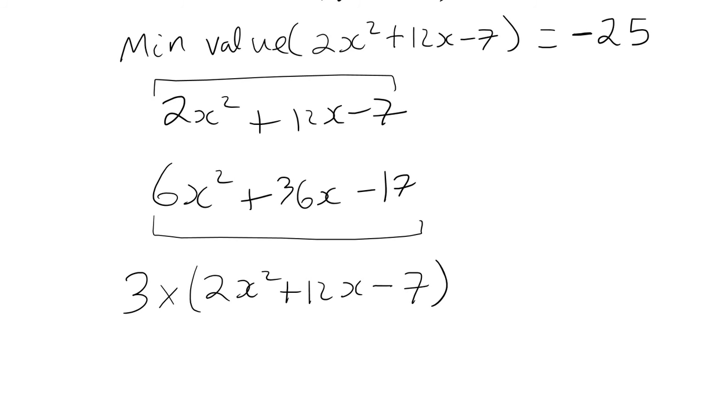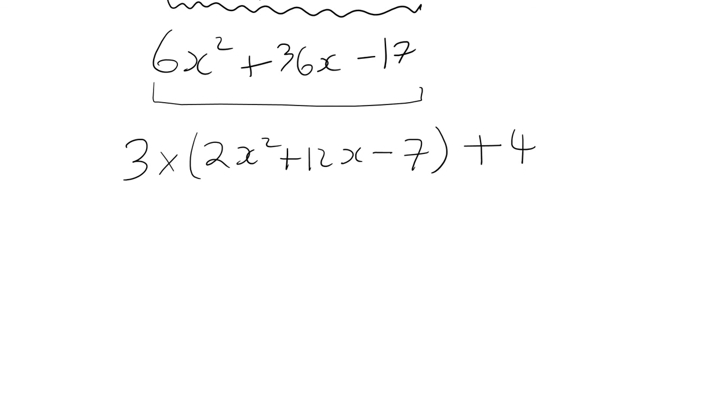But you would have a minus 21 on the end, and we want a minus 17. So we actually need to add on 4 to make it the same. So the second expression is 3 lots of the first expression with 4 added on the end.